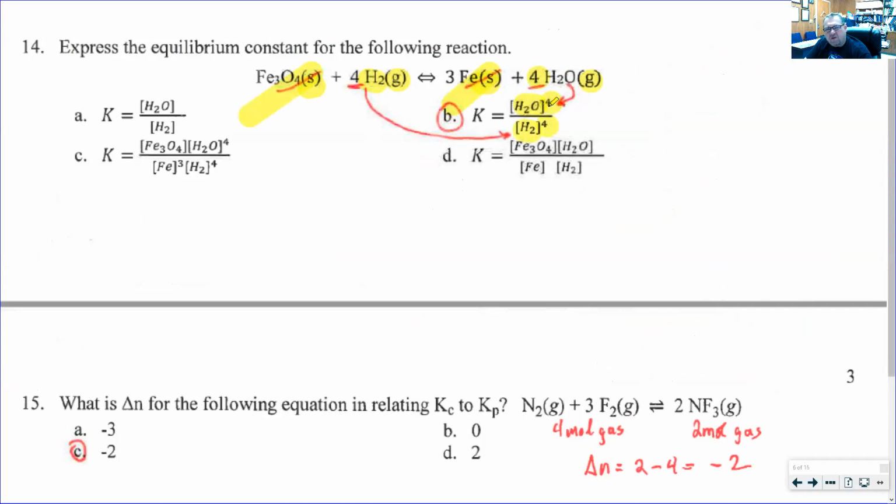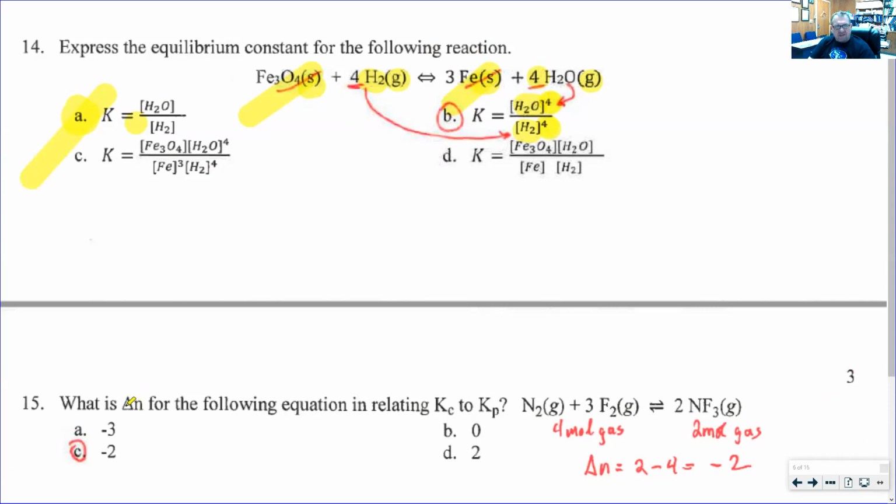So a couple of you, I think, looked at that and decided that the fours would cancel out, and you chose choice A. But it's not going to be choice A, because that would be K to the fourth root would be equal to this ratio. So we've got to keep those things to the powers of the stoichiometries in our equilibrium constant expressions K.